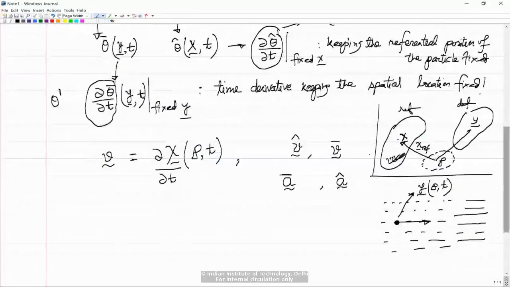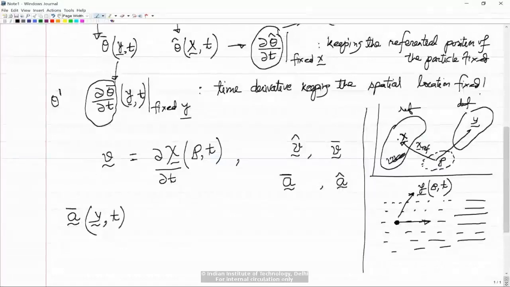Anyway, proceeding further, the tricky thing comes when we want to relate this A. Since it is Eulerian, it has to be a function of current position, or the spatial position y and t. And in the Lagrangian form, it has to be a function of the position in the reference configuration.